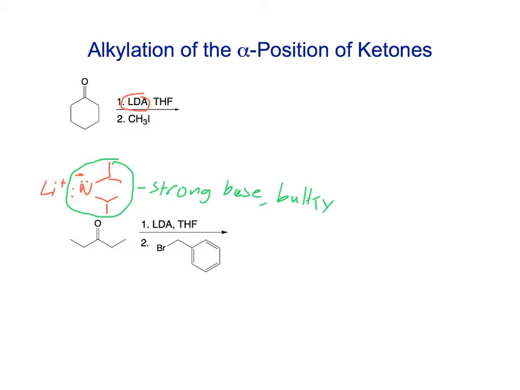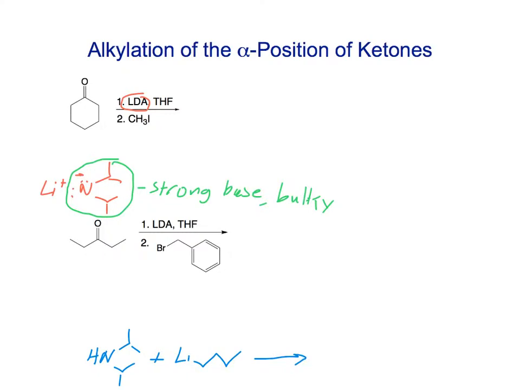We showed, I think yesterday, how to make this LDA. Did we talk about that? No, maybe we didn't. Oftentimes you make this base in situ, in the flask, before you use it. You just start with diisopropylamine, and all we do is deprotonate this. Commonly we use butyllithium. Remember, it's an organolithium, a super strong base, which can easily deprotonate this to completion.